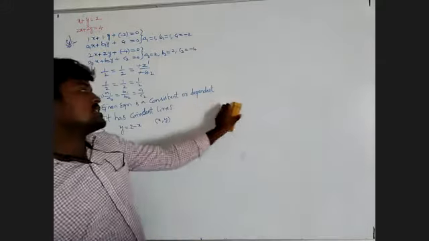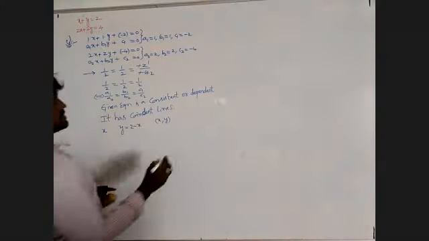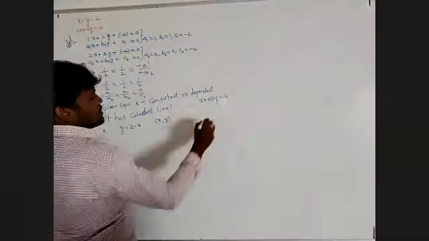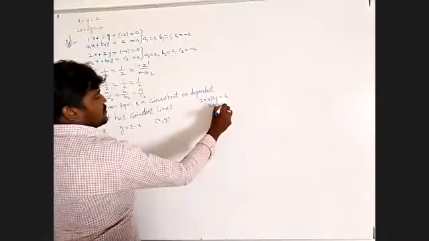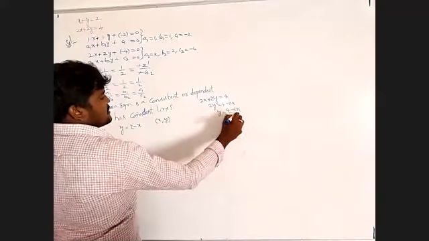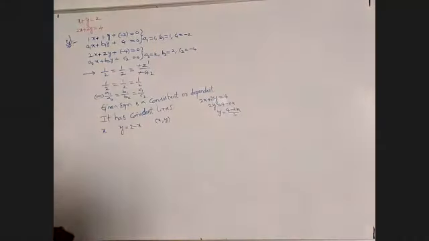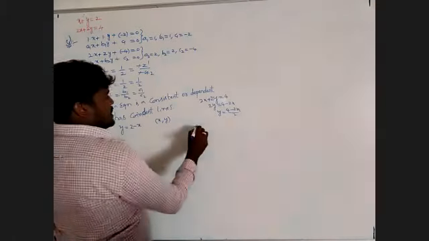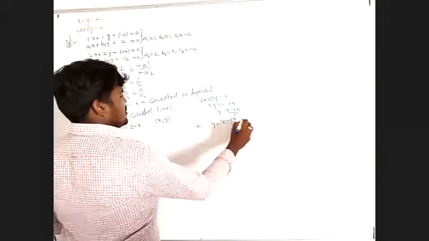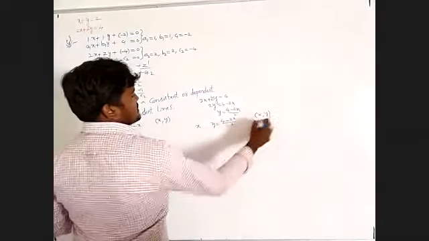Here the second condition, 2x plus 2y is equal to 4, where 2y is equal to 4 minus 2x, y is equal to 4 minus 2x by 2. That we have to write as the second condition. Finally, we have to take x comma y.